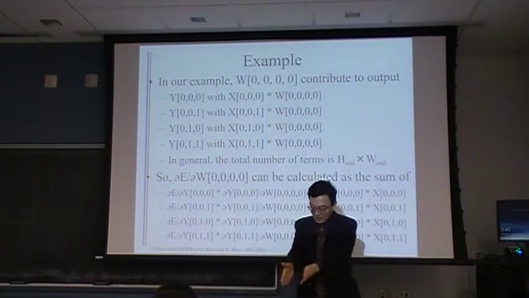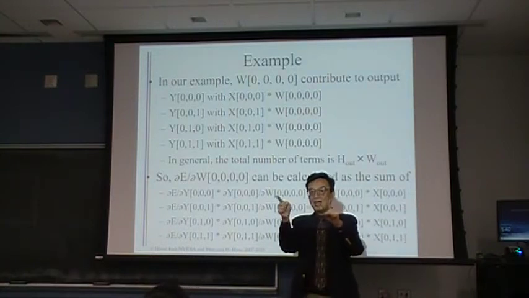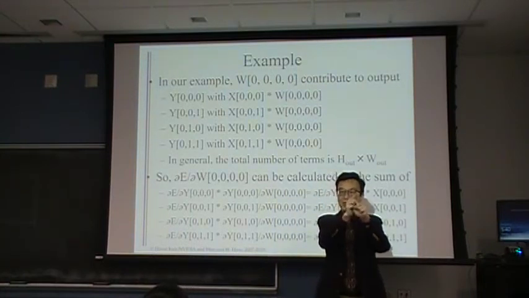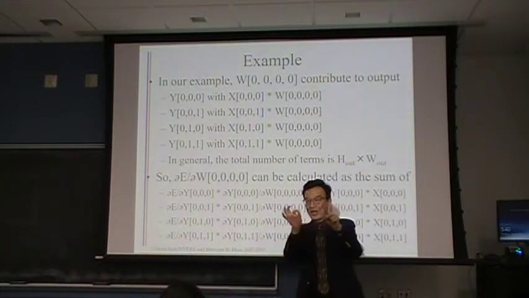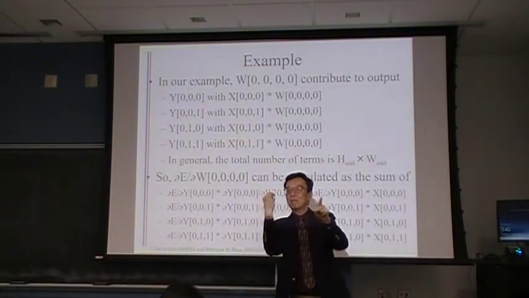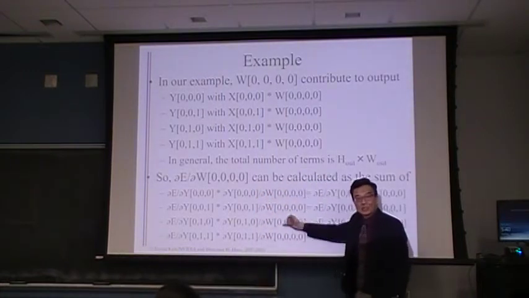So you have that, and then you're going to find out all the sneaky paths, all the possible paths for every W element to affect any particular Y element. And that's what we listed here.